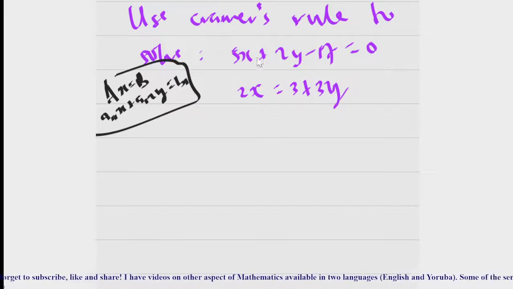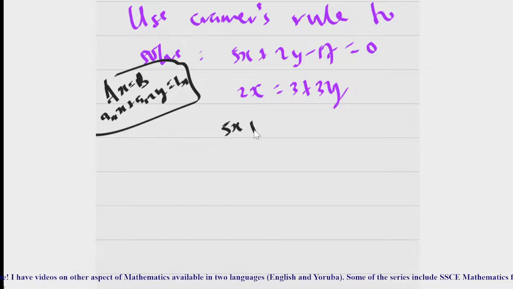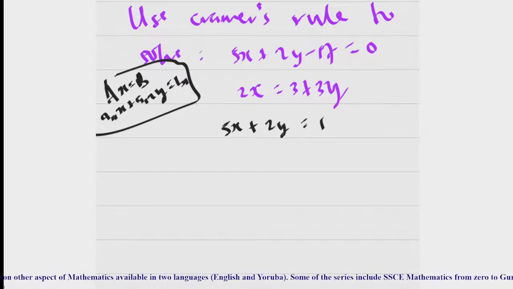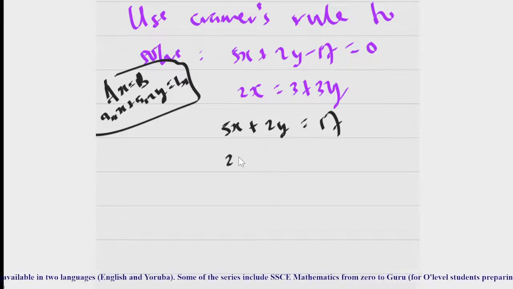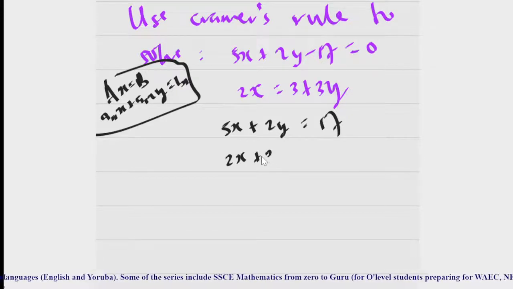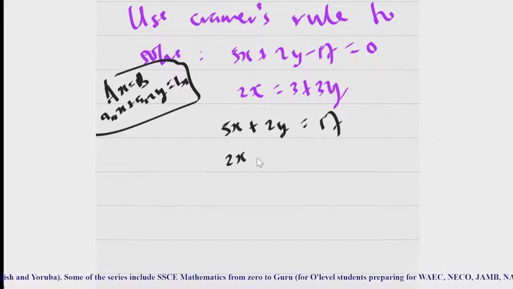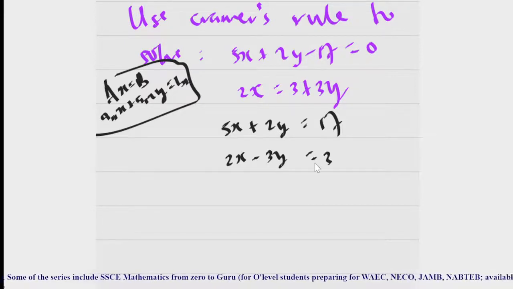So in essence, I can write equation 1 as 5x plus 2y equals 17. You bring this guy out. Likewise, we collect the like terms here. This is also going to be 2x minus 3y is equal to 3, because we bring y out. Can you see we have arranged it very well? If it is not arranged, you have to arrange it like this first.